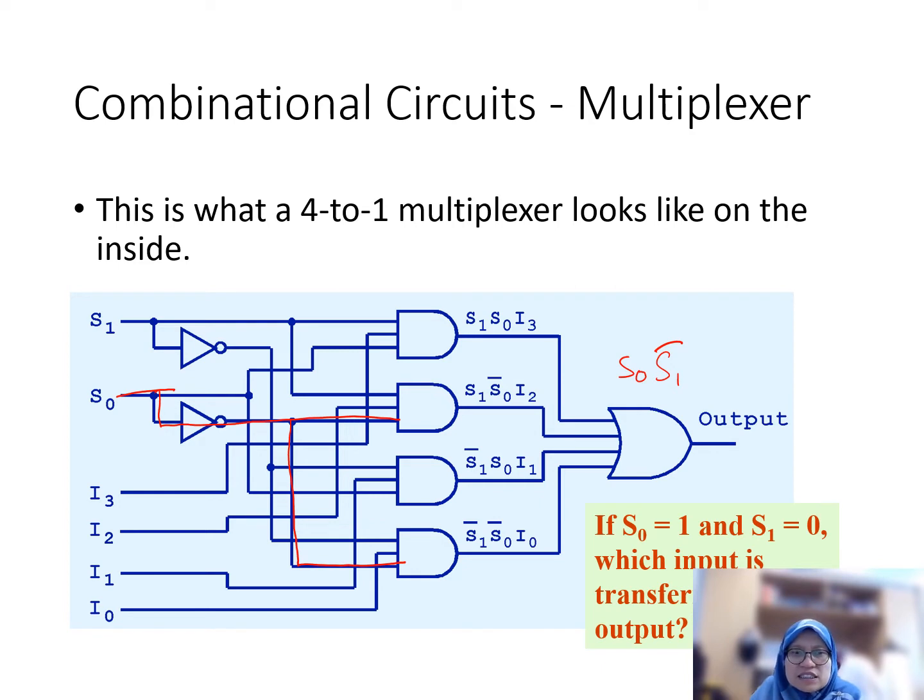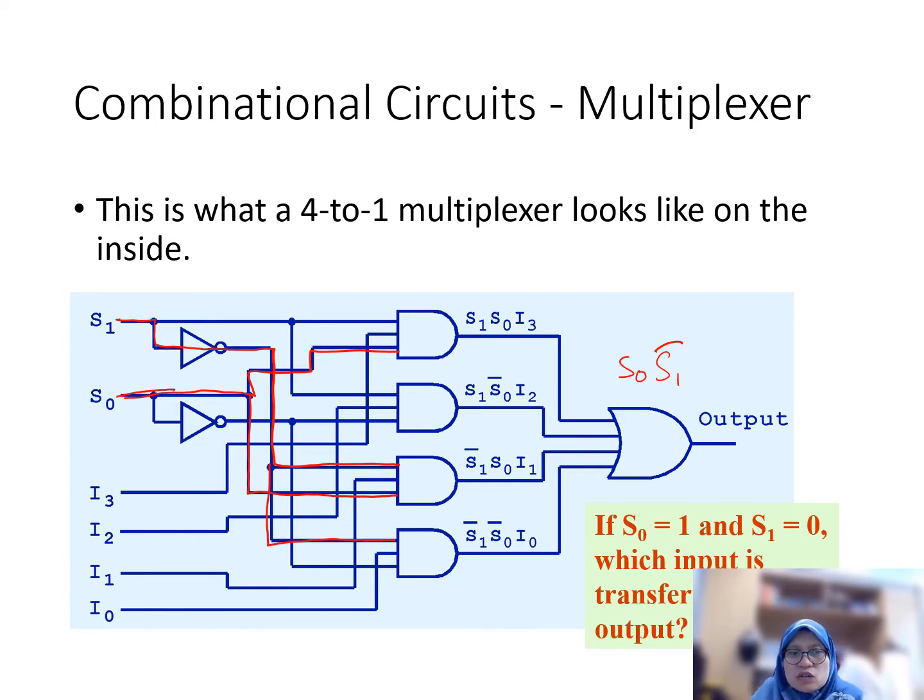Next is, oh sorry, not this one. So it should go S0 to this line and then to this line. And then S1 bar. Bar means go to the north and then to this line and then to this line.